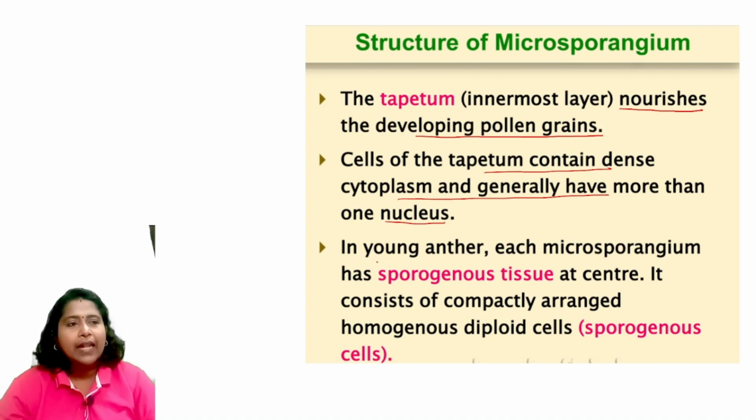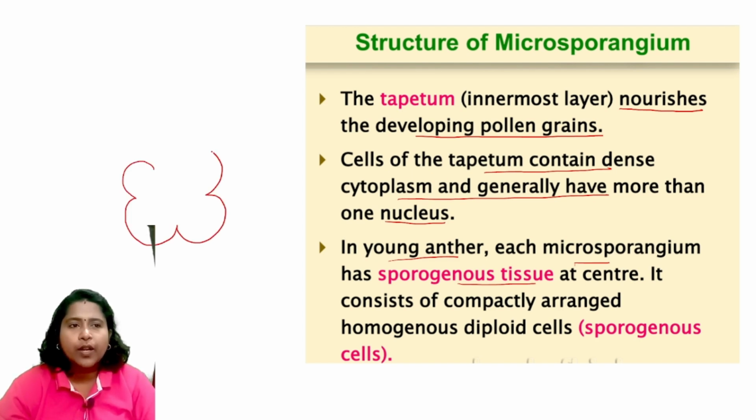The young anther is developing with sporogenous tissue inside. What do you mean by sporogenous tissue? It is the microsporangium. It is dithecous, each side we have a theca.